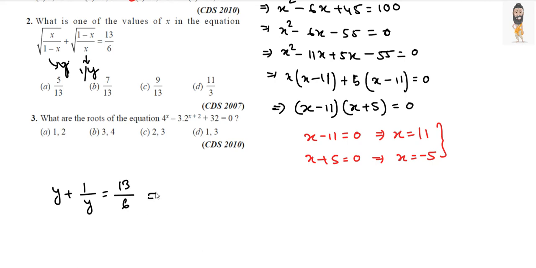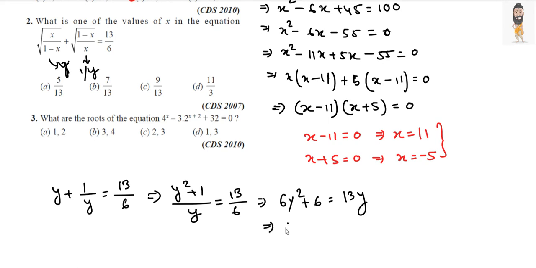Then y squared plus 1 upon y equals 13 upon 6, so 6y squared plus 6 equals 13y. It is 6y squared minus 13y plus 6 equals 0.